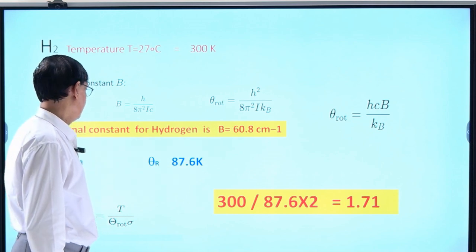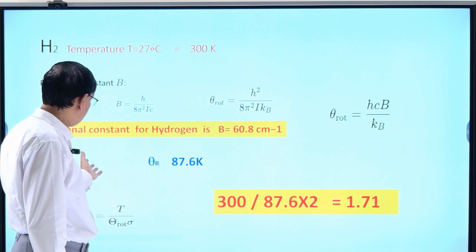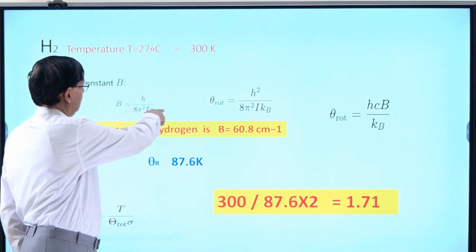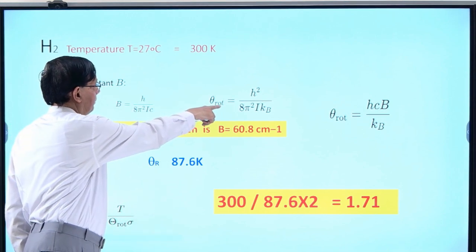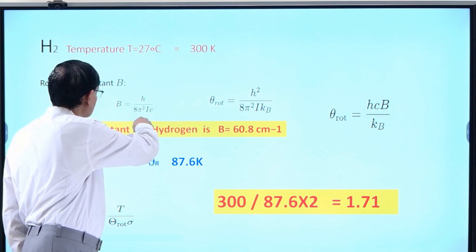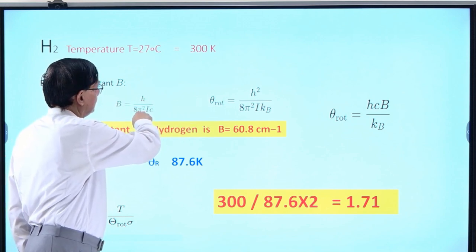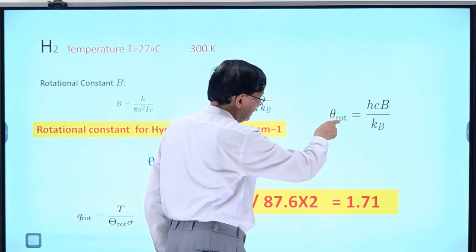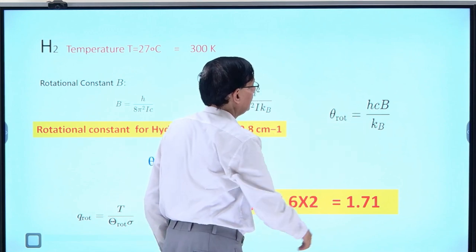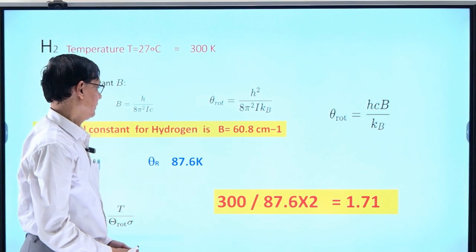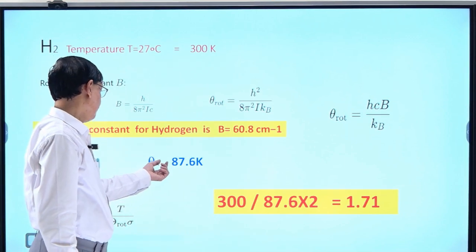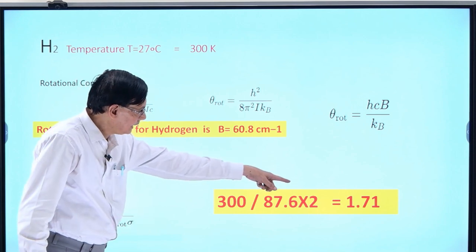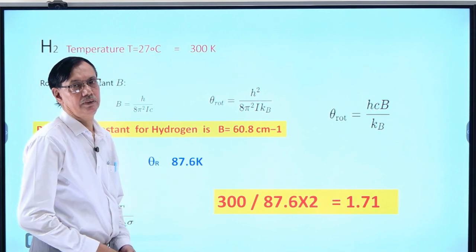So there is a relationship between the rotational constant and the characteristic rotational temperature. If you get the value of the characteristic rotational temperature, you will get the value, again, as 1.71.